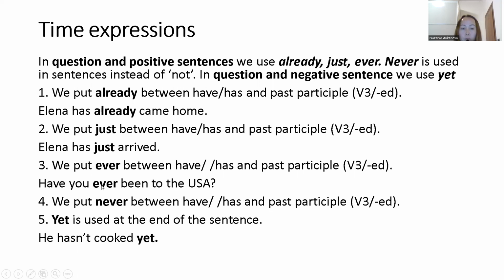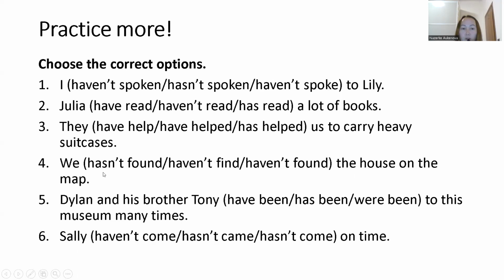So we put it between have, has, and then the past participle, with the subject as well. We put never between have, has, and the past participle, verb 3. For example, I have never been to the USA. And then yet is used at the end of the sentence. For example, he hasn't cooked yet. It's a negative sentence, and we put yet at the end of the sentence.